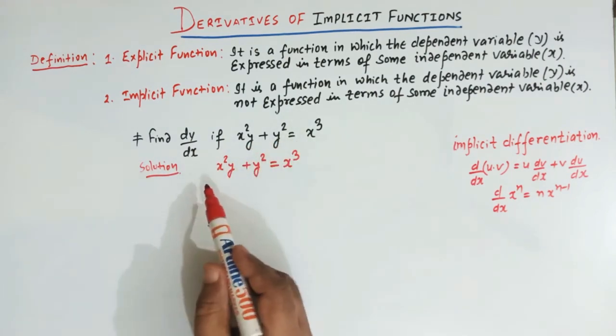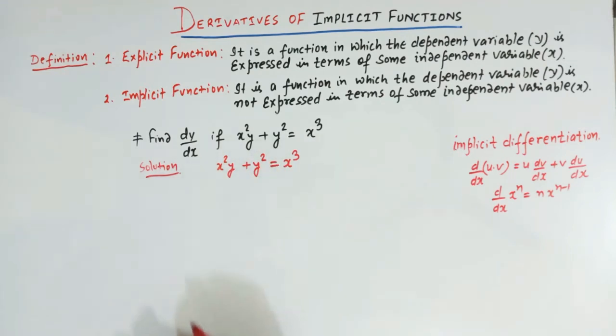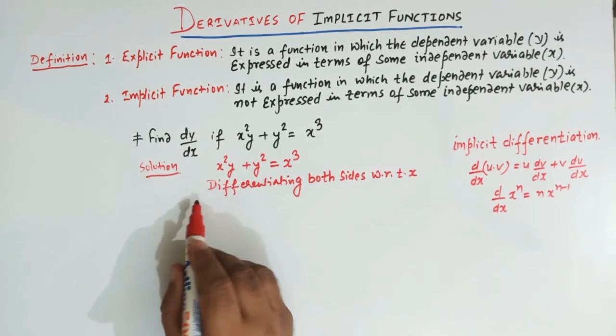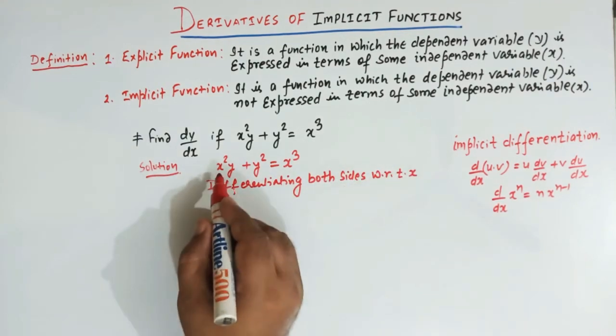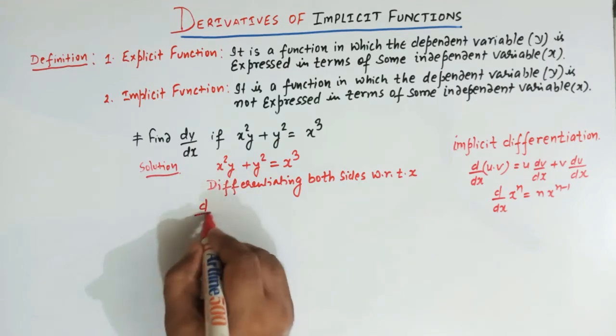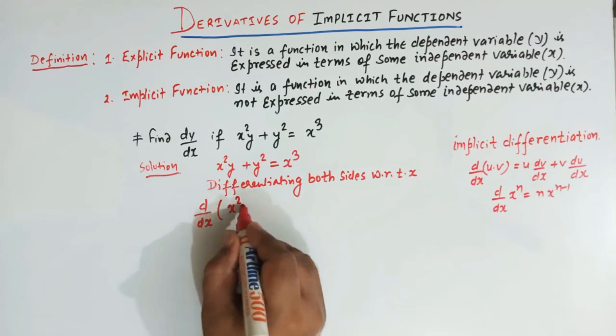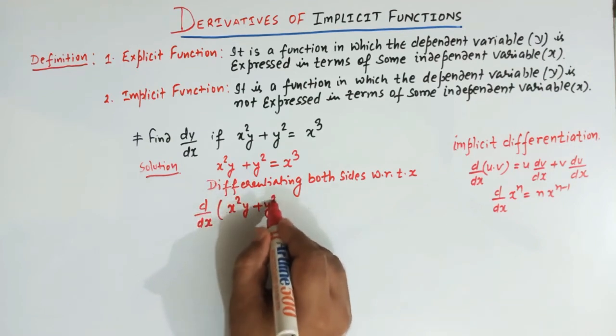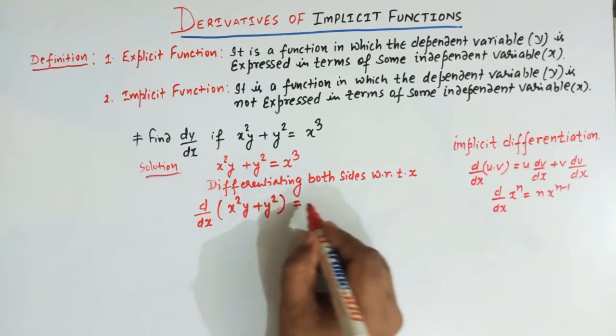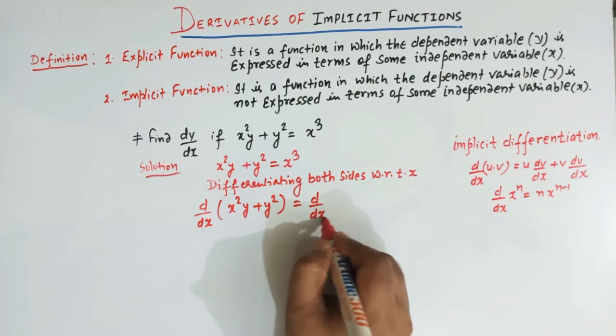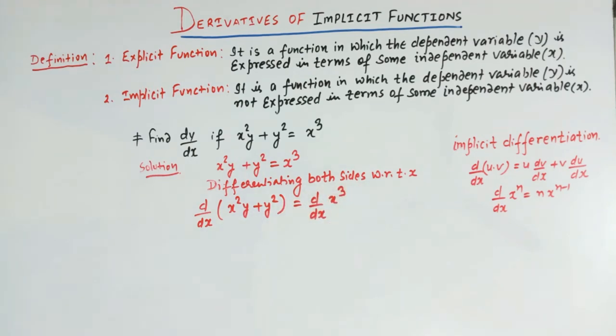So what we will do, we'll differentiate both sides with respect to x. So let us differentiate both sides with respect to x. So here we have d by dx of x square y plus y square equal to d by dx of x cube, right?